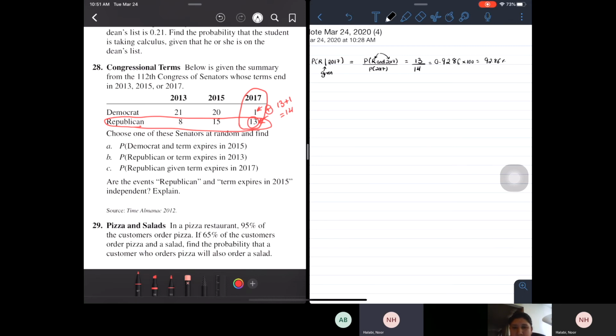Usually when we're doing tables, you look for overlaps when it says and, not multiplication. Multiplication usually works when they give you just a bunch of probabilities, like the probability of Republican is this, the probability of 2017 is that. That's where I got stuck, because I thought I had to multiply and wasn't getting the number correct. Don't worry about it.